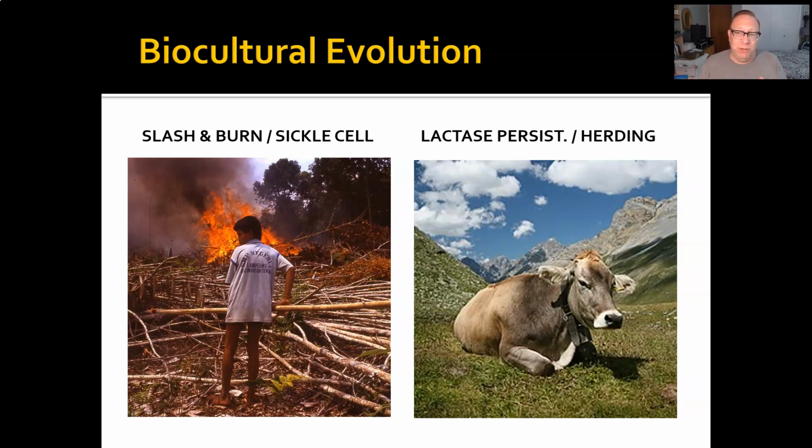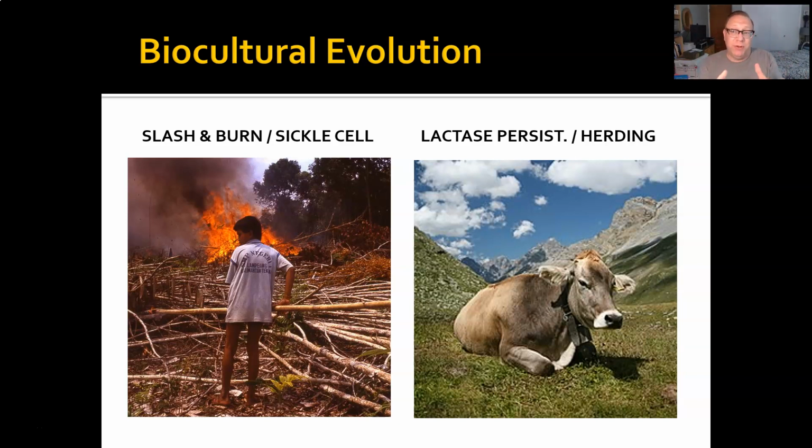Large mosquito populations put pressure that encourages the sickle cell trait because people who have one copy of the sickle cell gene have resistance to malaria, even though people with two copies of the gene develop sickle cell anemia, which is potentially fatal. Okay. That is our behavior, slash and burn, creating biological conditions for mosquitoes to breed, which in turn changes the prevalence of a disease, which produces selective pressures on our gene pool. Okay, that's a biocultural interaction.